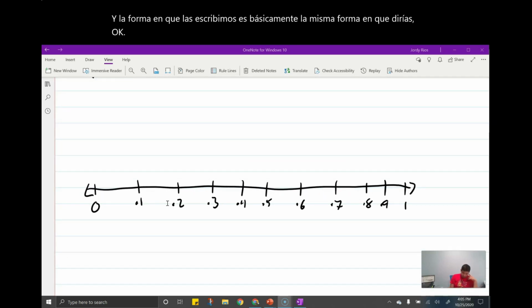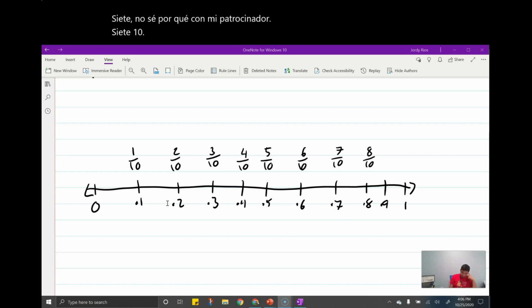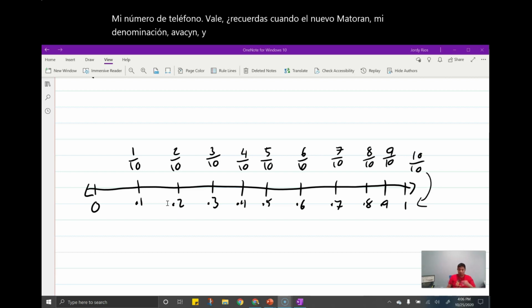We have 1/10, 2/10, 3/10, 4/10, 5/10, 6/10, 7/10. I don't know why I always mess up on 7. 8/10, 9/10, okay? And then we have 10 out of 10, which is my whole number, okay? Remember, when the numerator and my denominator are the same, then that means that represents a whole number, okay?